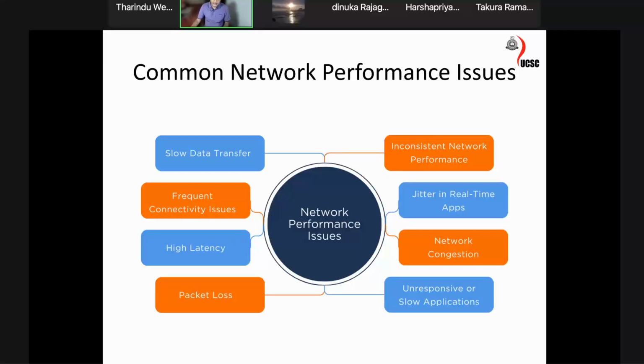Then high latency. High latency is another common issue. If you have applications which are latency sensitive, then you need to plan or design your network based on the latency concerns. There are switches with low latency, and you need to select your network devices based on this and select the network links accordingly.